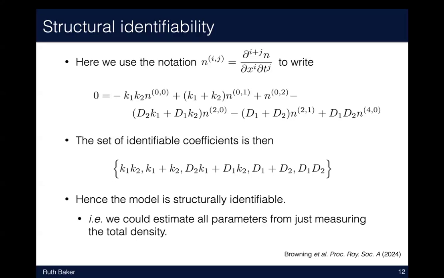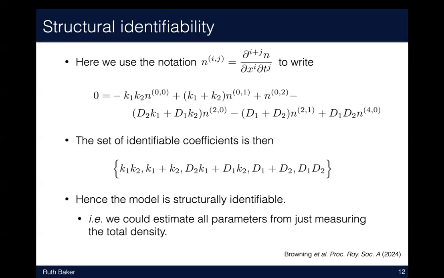So it's messier because you have partial derivatives. So we just use an ij to refer to the ith derivative in space and the jth derivative in time. But you can do it, and this is what it looks like. And it's monic in the sense that one of the coefficients is 1, and then you can just read off your set of identifiable coefficients.